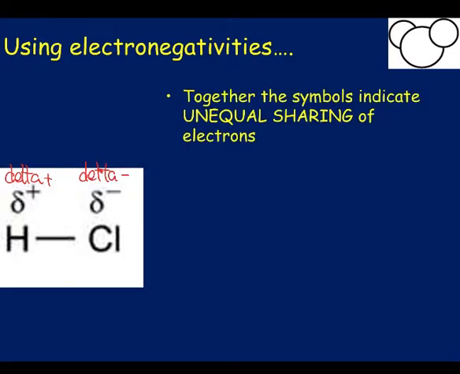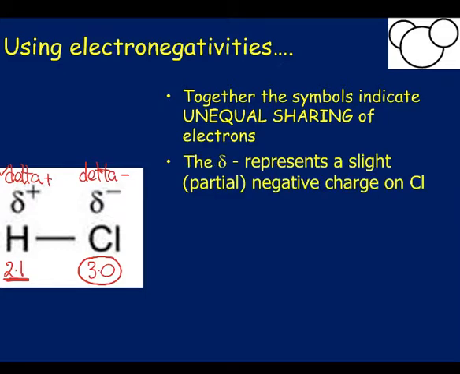Together, these symbols indicate unequal sharing of electrons, and you're only putting them in because of the values we just had. We had 2.1 here, and we have 3.0. This is the bigger number, so this gets the delta negative. This is the smaller number, so this gets the delta positive. But together they indicate that there is unequal sharing of electrons.